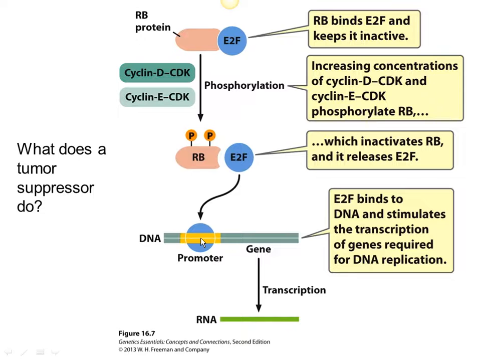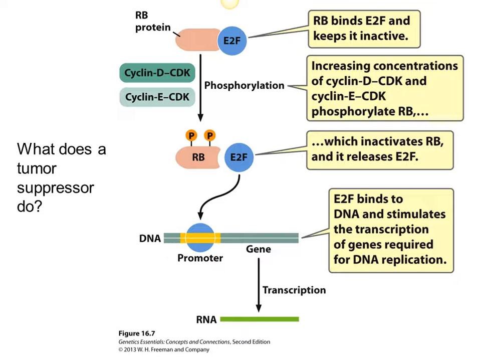So what would happen if the retinoblastoma protein is not produced or is not functional at all? Then if you take the retinoblastoma protein out of this picture, the E2F would not have anything to bind to it. And when the E2F is not bound to anything, it is active.